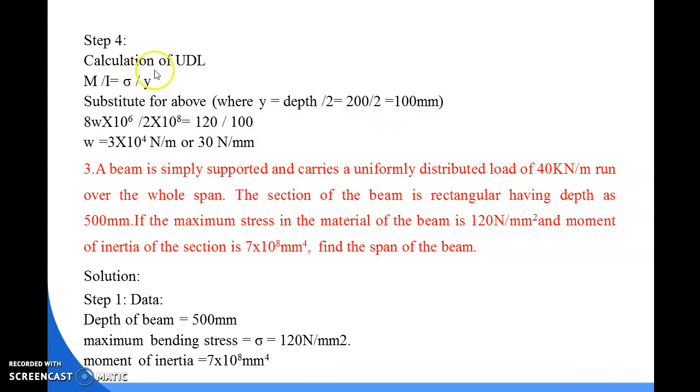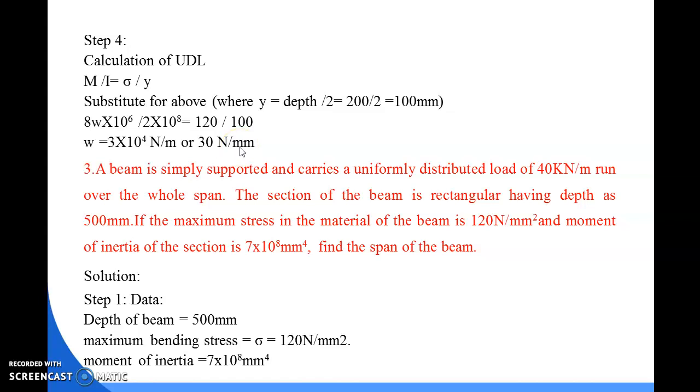Hence we can put 100 in place of Y, sigma value is given as 120, M value is 8 into 10 to the power 6 W, and I we calculated as 2 into 10 to the power 8. By simplifying all these, we get the value of W as 3 into 10 to the power 4 Newton per meter, or 30 Newton per mm.